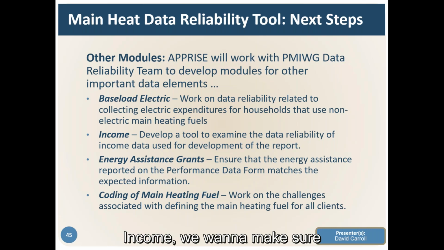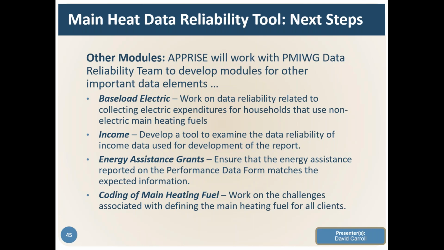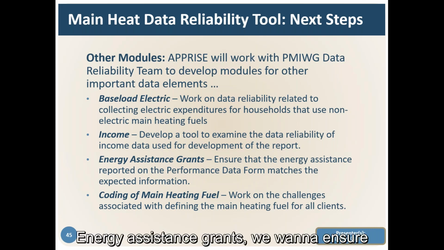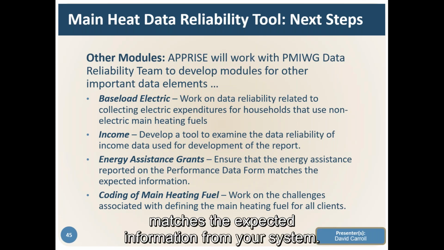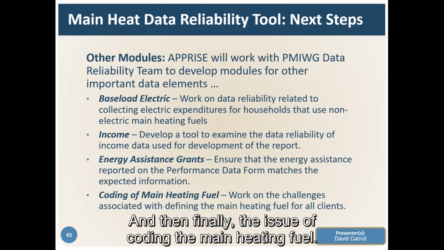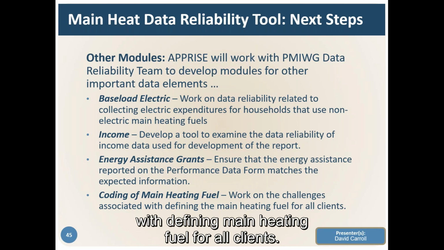Income. We want to make sure that we're getting income recorded properly. Energy assistance grants, we want to ensure that the energy assistance reported on the data form matches the expected information from your system. And then finally, the issue of coding the main heating fuel. We're going to work on challenges associated with defining main heating fuel for all clients.